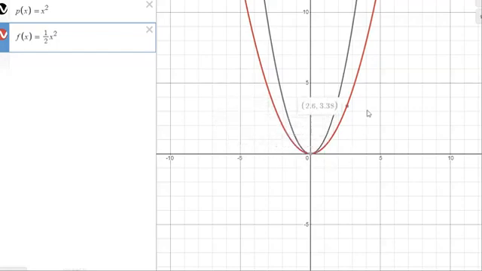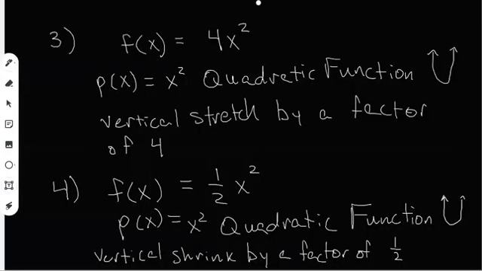This graph is more horizontally stretched, I would say. But remember, horizontal stretches are the same thing as vertical shrinks. So we vertically shrunk it down by a factor of 1/2. So now we get this wider graph than we started off with. Okay, so that is vertical stretches and vertical shrinks.